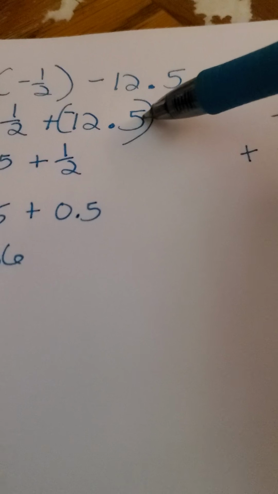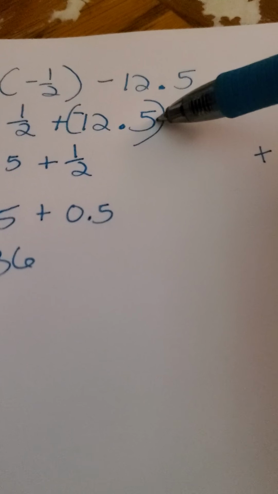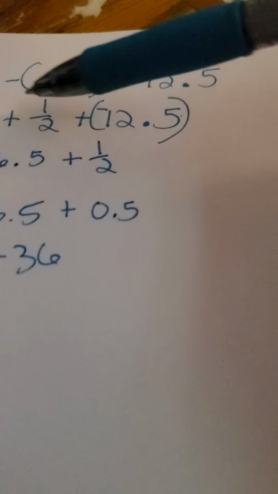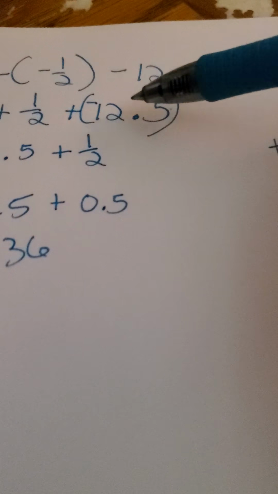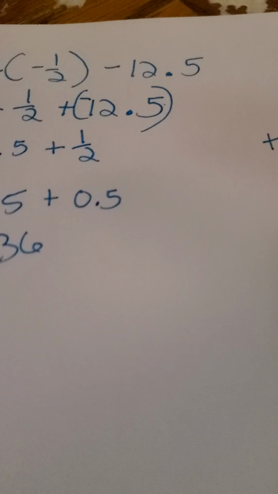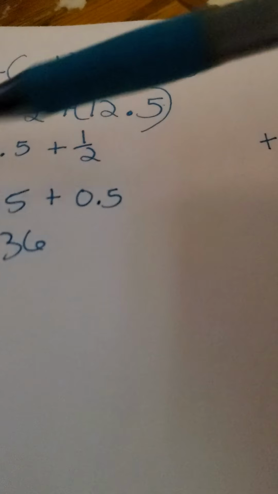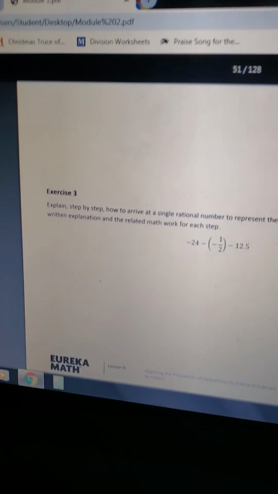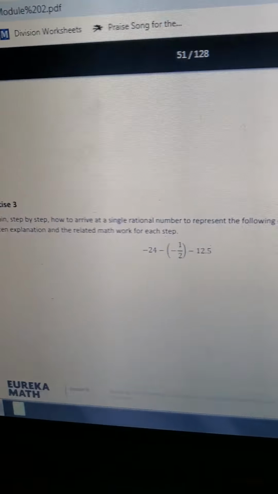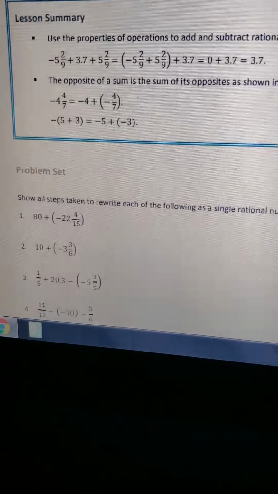Or you could take away the 0.5 up here if you really know your fractions. Know half is 0.5. And this is a positive 0.5, and a negative 12.5. That'll give me 12. And then 12 plus 24 is 36. So a couple different options in terms of what you're going to do there. Just keep that in mind when you go ahead and do your problem set.